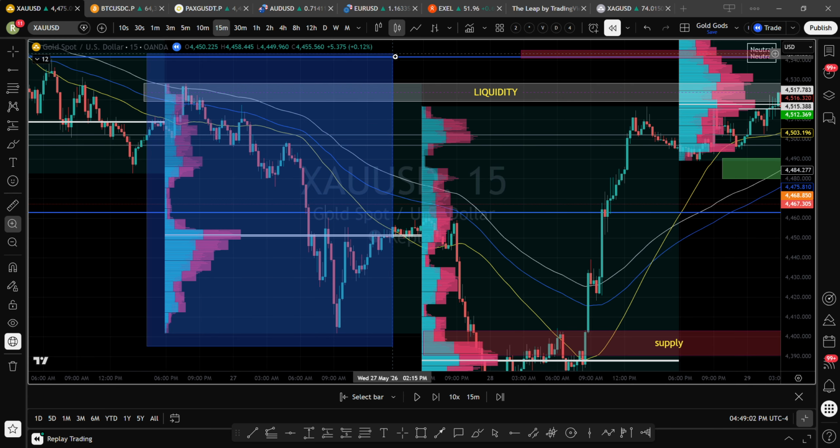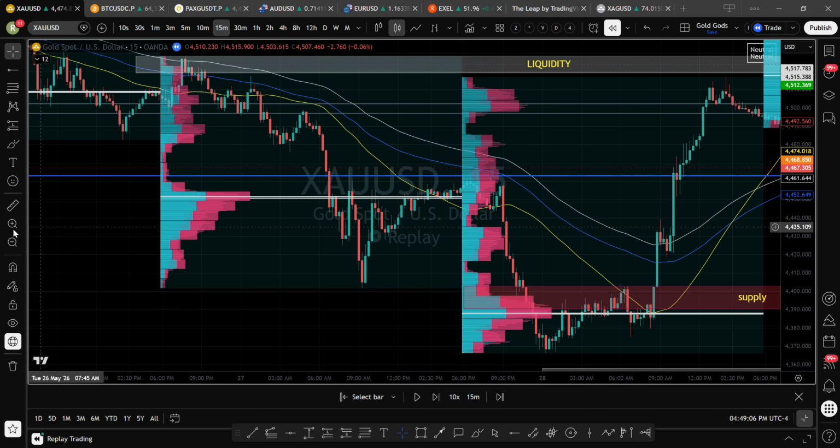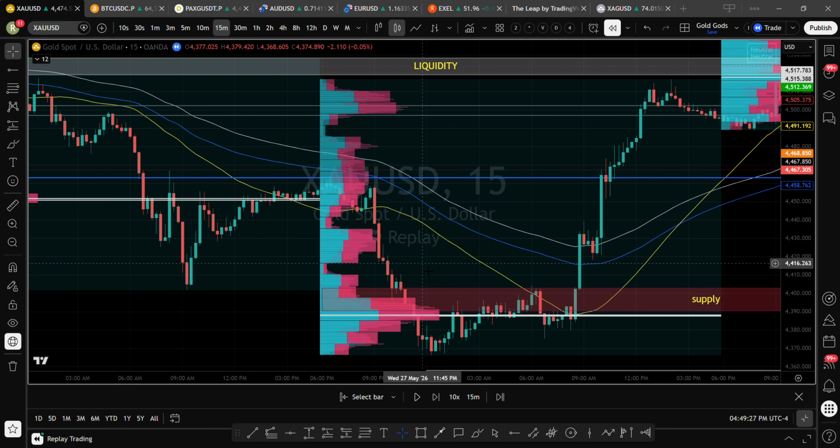Just real quick, guys. Look, you missed this or you missed this. Train left the station. Not the best example, but anyway, train left the station. Look at this wick here.